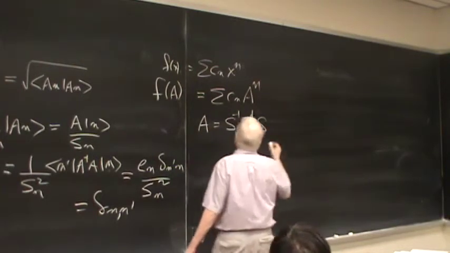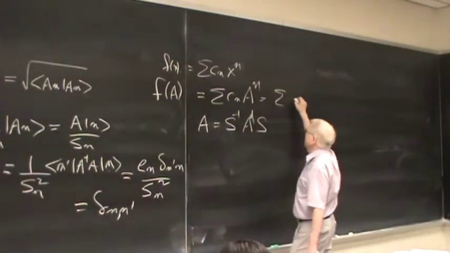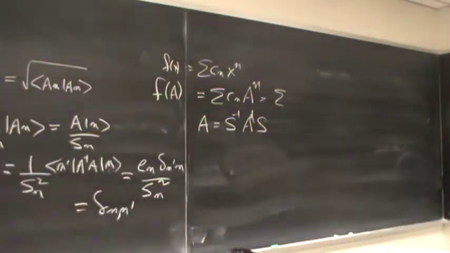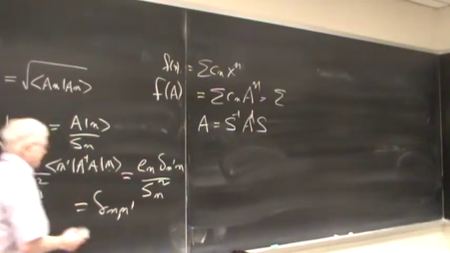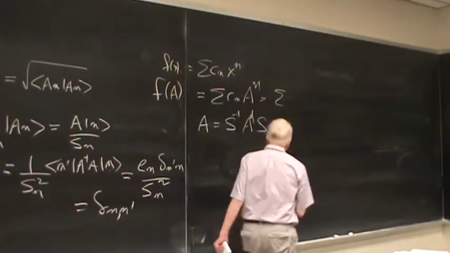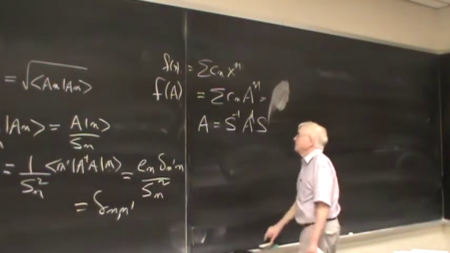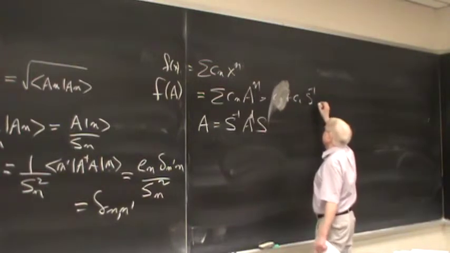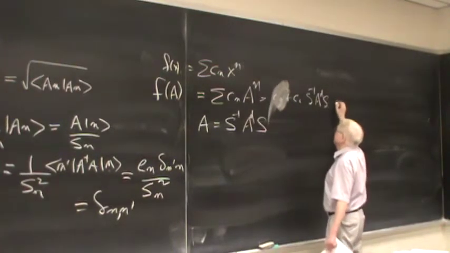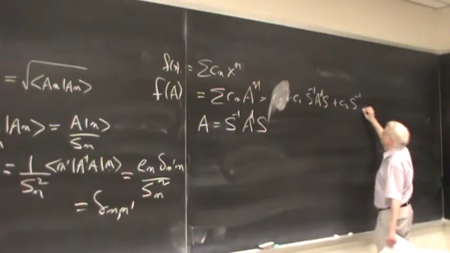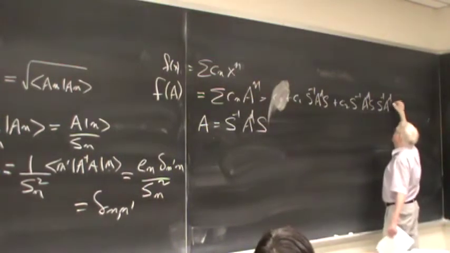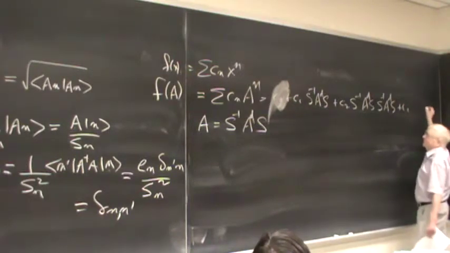AS. And so now when you write this as a sum, well, in fact, let me write it explicitly, because it will be easier to see. So it would be C0 plus C1 S inverse AS plus C2 S inverse AS S inverse AS plus C3 and so forth.